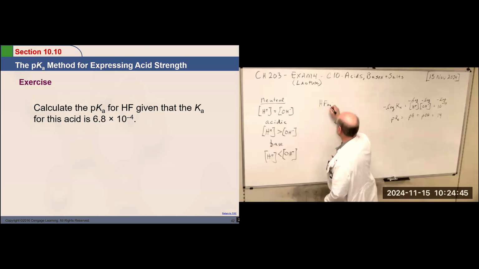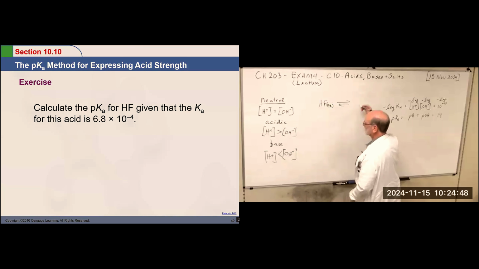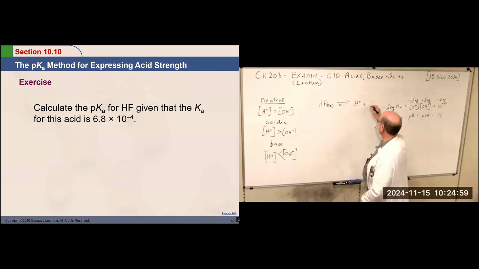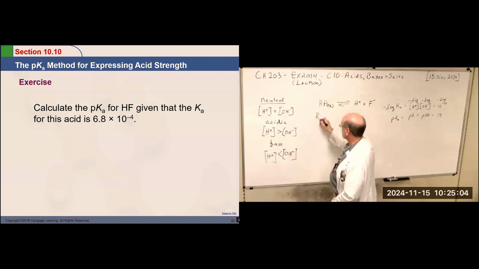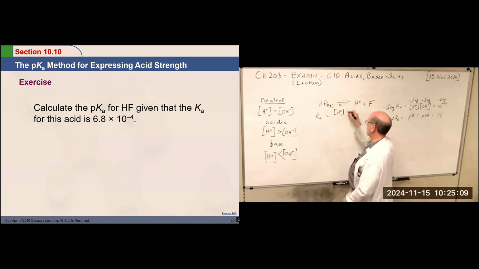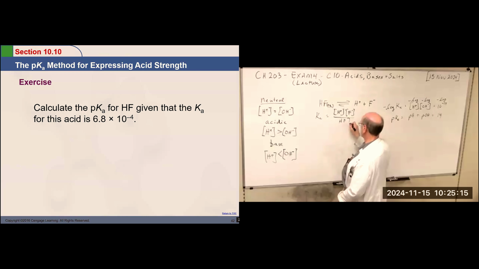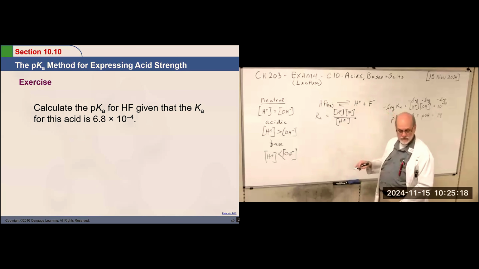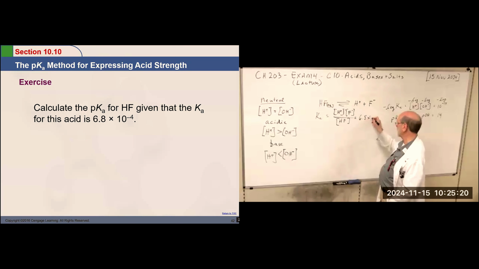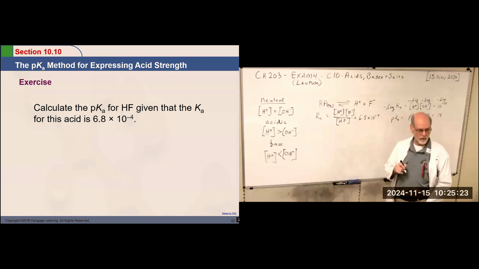If it's HF in aqueous solution, and we're using the simplified version, H plus and F minus. Then the Ka for this is going to be the equilibrium concentration of hydrogen ions, fluoride ions, and then HF down here. And that's equal to 6.8 times 10 to the minus 4.